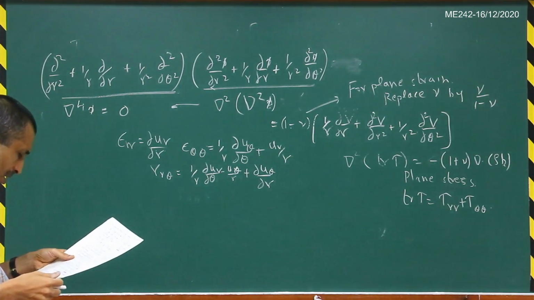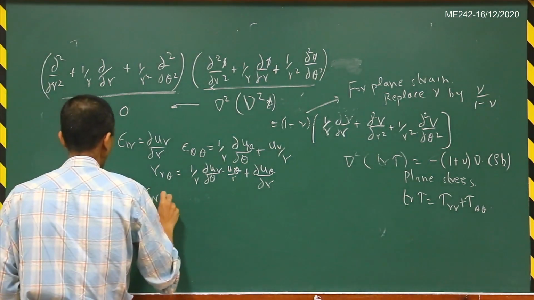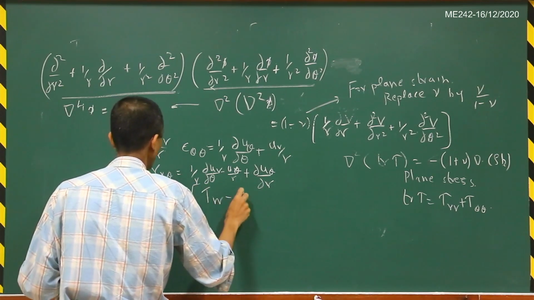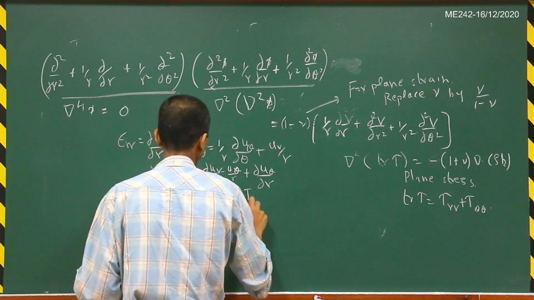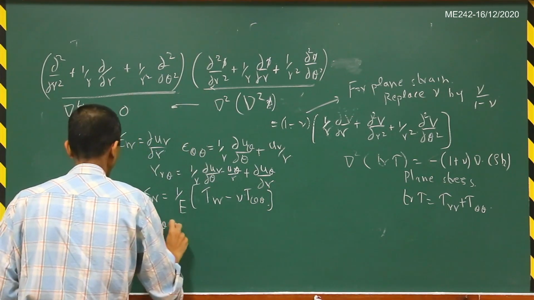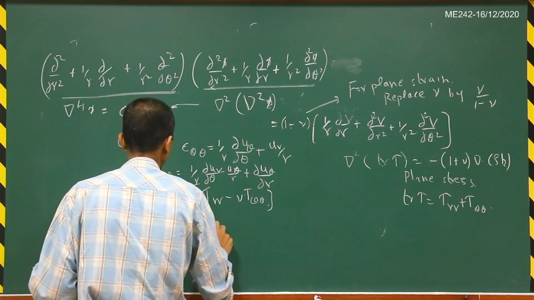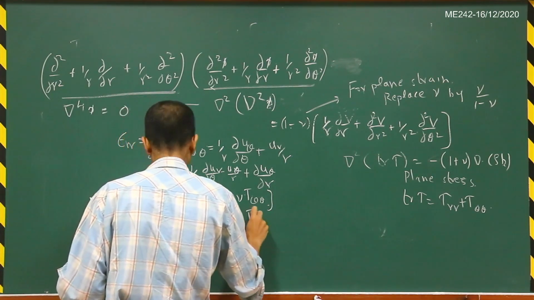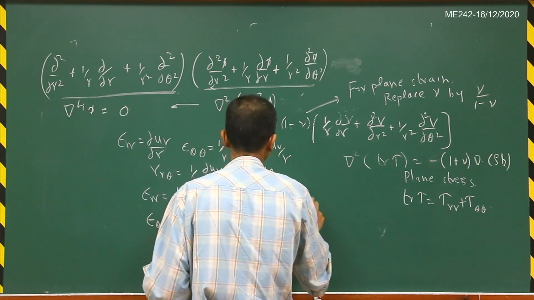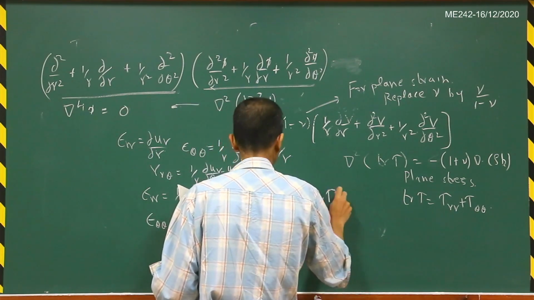Okay, then what about the stress strain relation? The stress strain relation: epsilon rr is equal to 1 by E times tau rr minus mu times tau theta theta, and epsilon theta theta is equal to 1 by E times tau theta theta minus mu times tau rr, and gamma r theta is equal to 1 by mu tau r theta.